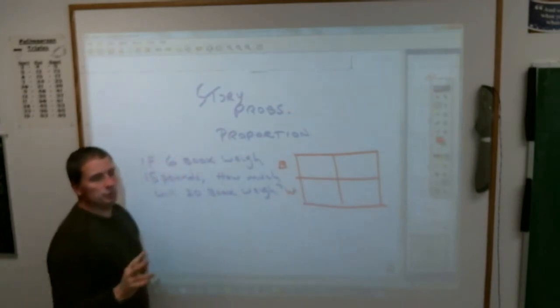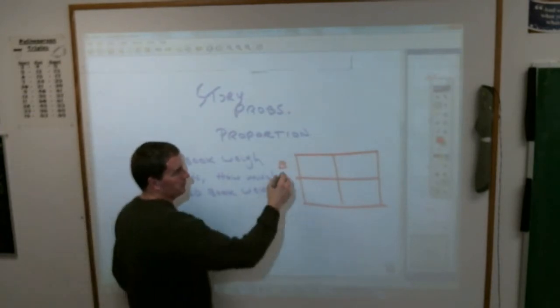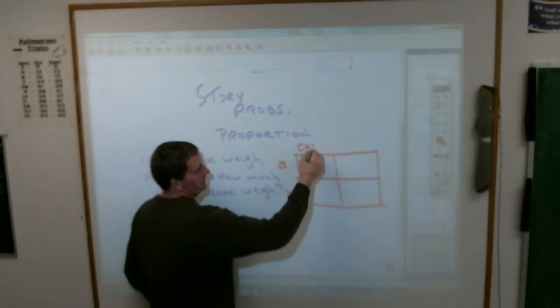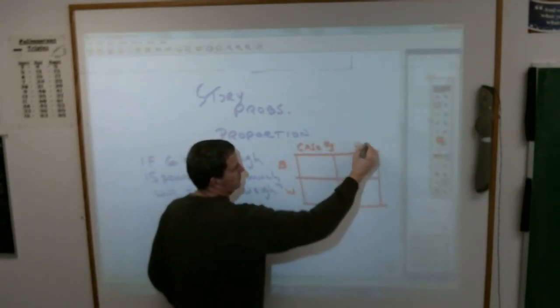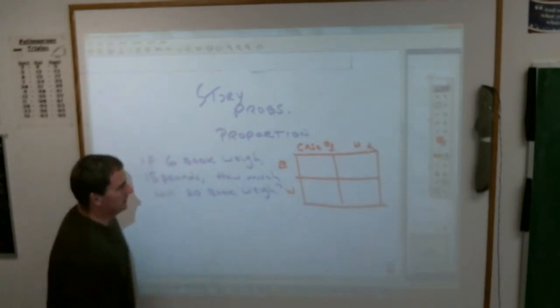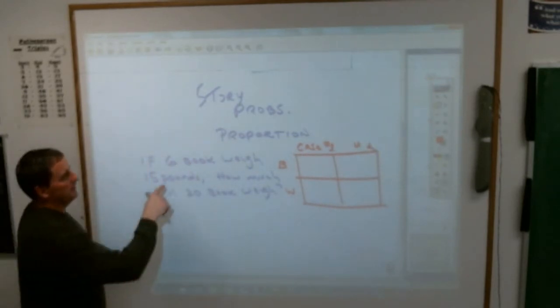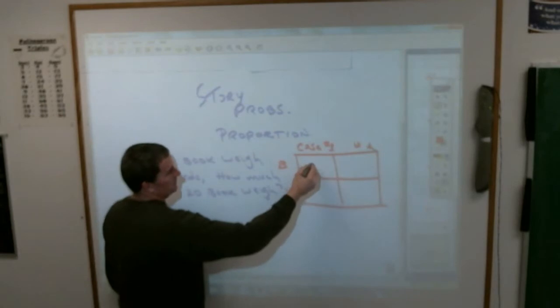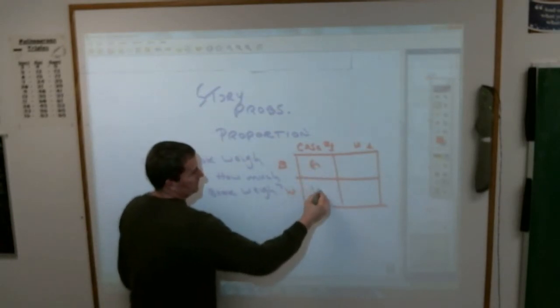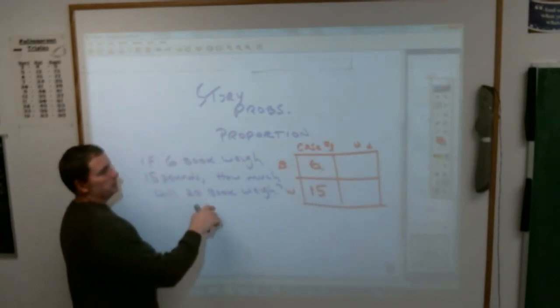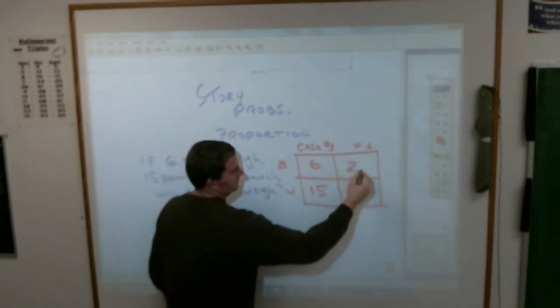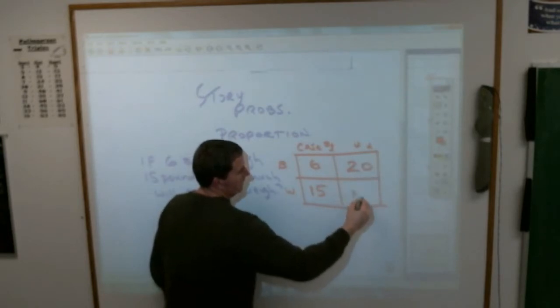And they give you 2 different cases. In case number 1, we know that 6 books weigh 15 pounds. And then in case number 2, how much will 20 books weigh?